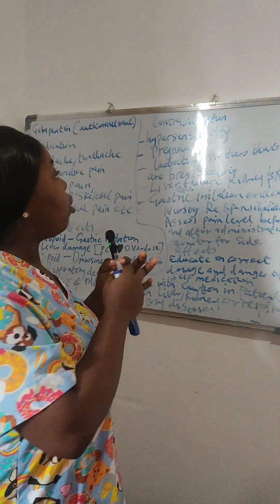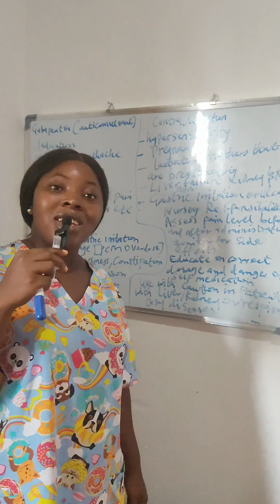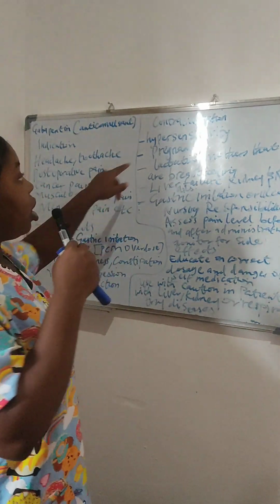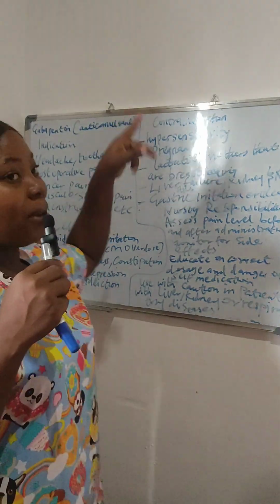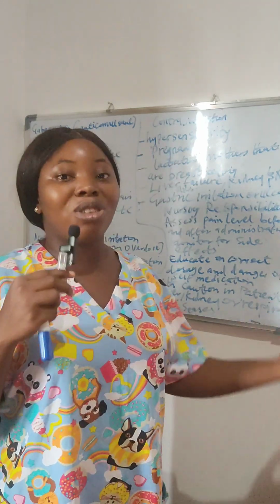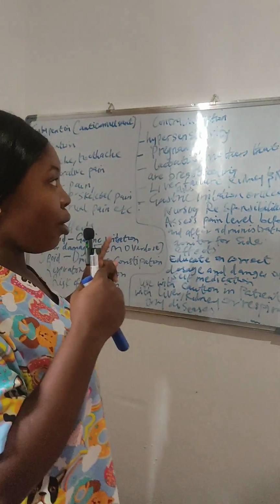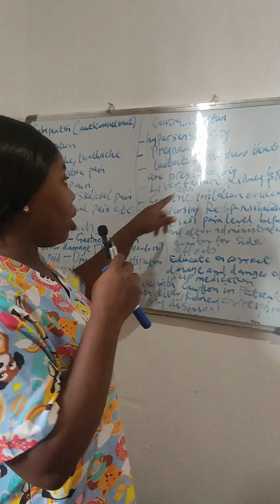So we have contraindications. We have hypersensitivity. If this person is sensitive to the drug, do not give. During pregnancy, don't give. Lactating mothers that are breastfeeding are not meant to use it; lactating mothers that do not breastfeed can use it.